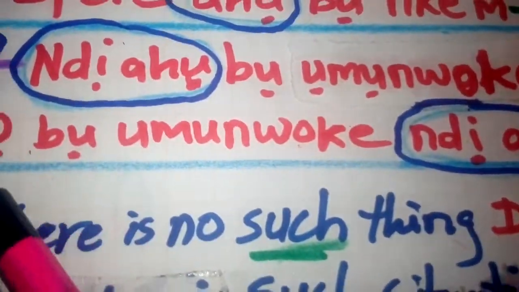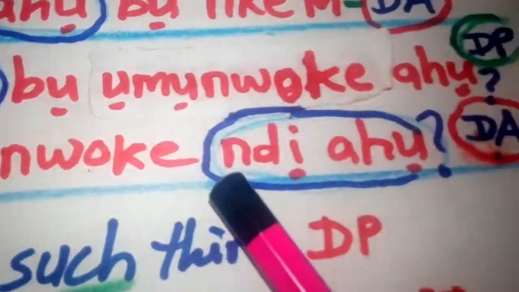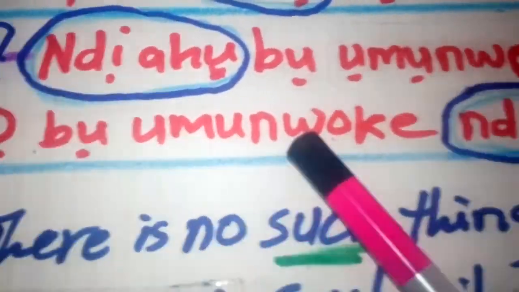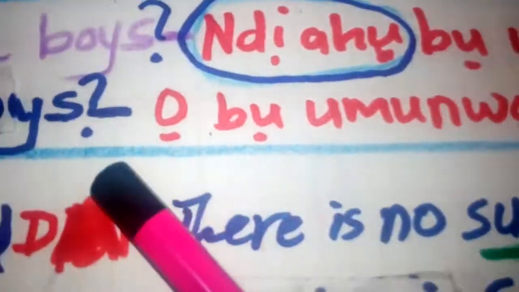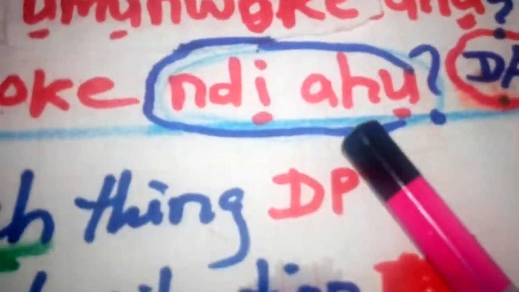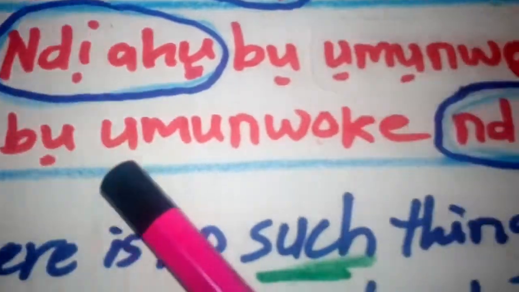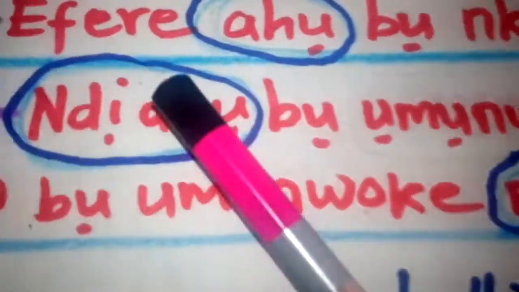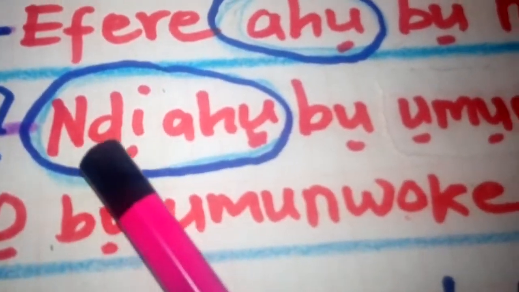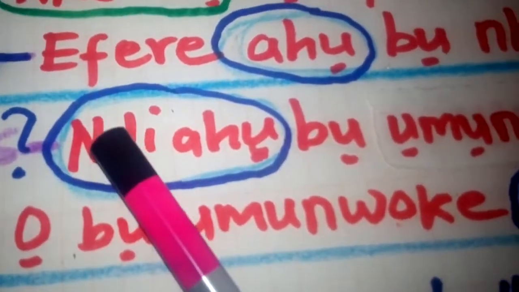Okay, so ọ bụ ụmụ nwoke ndị ahụ, ndị ahụ, or you can say ọ bụ ụmụ nwoke ahụ, or ọ bụ ụmụ nwoke ndị ahụ. Okay, so you see at the beginning of the sentence you cannot remove ndị ahụ.